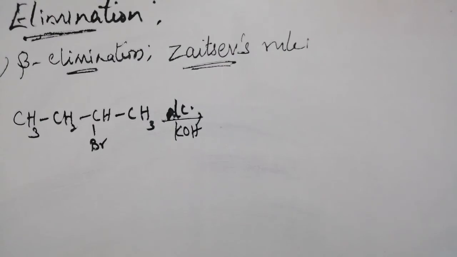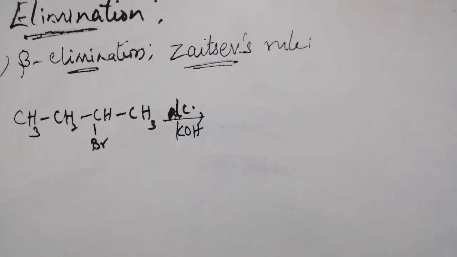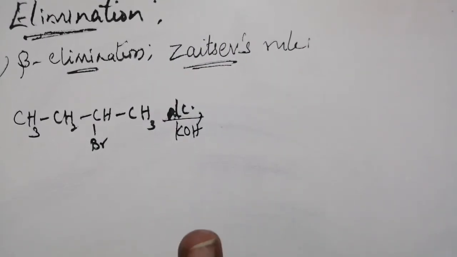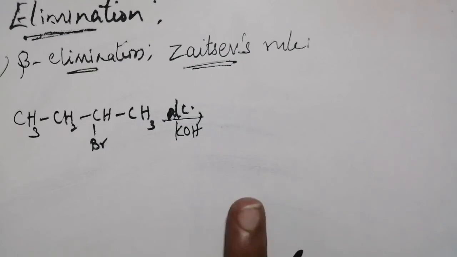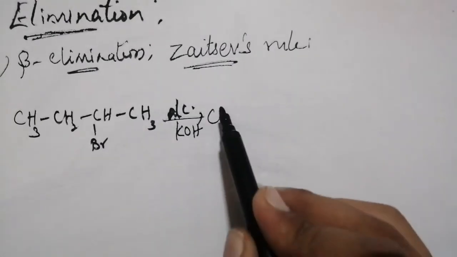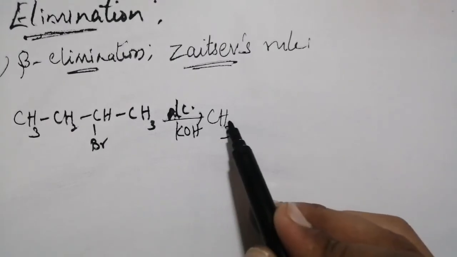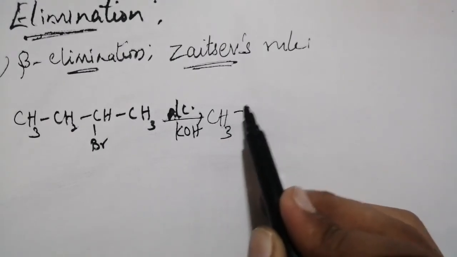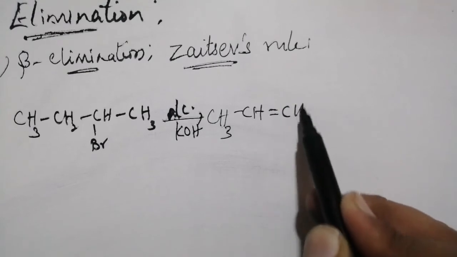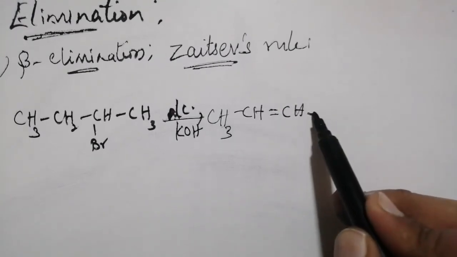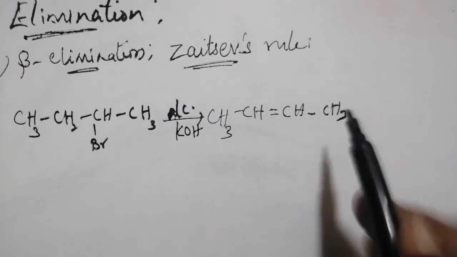What happens here is Zaitsev's rule. I will write the product now: CH3, CH, double bond CH, single bond CH3.